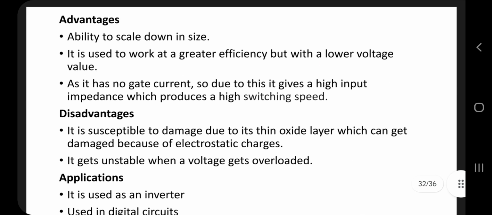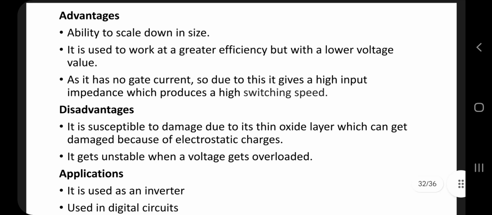Advantages. Ability to scale down in size. It is used to work at a greater efficiency but with a lower voltage value as it has no gate current. Due to this it gives a high input impedance which produces a high switching speed. Disadvantages. It is susceptible to damage due to its thin oxide layer, which can get damaged because of electrostatic charges. It gets unstable when a voltage gets overloaded.